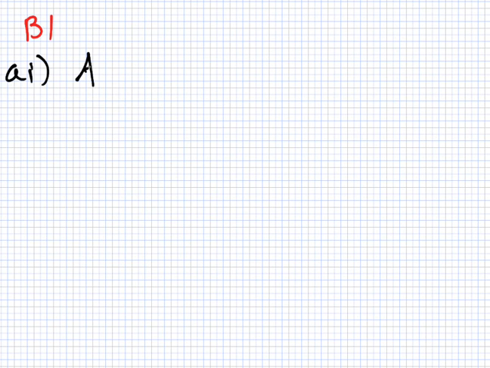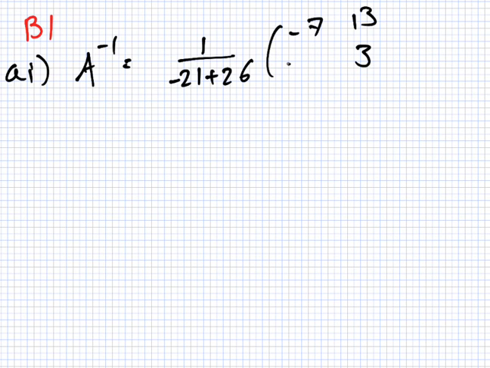So the inverse of A is 1 over the determinant, that's minus 21 plus 26, and we do our swap and we change the sign. Minus 7 up, 3 down, minus 13, 2.